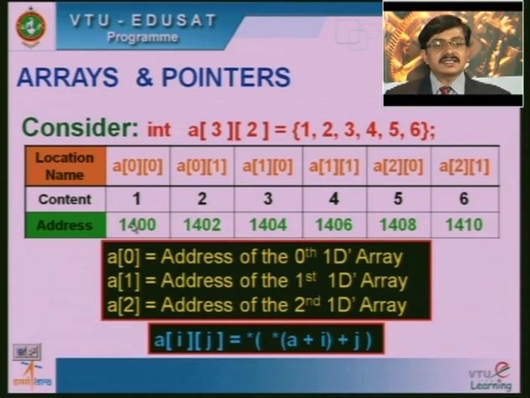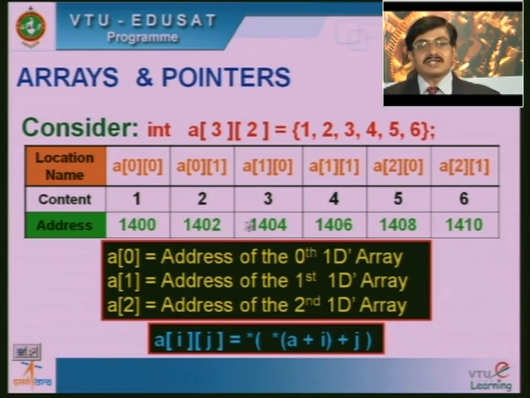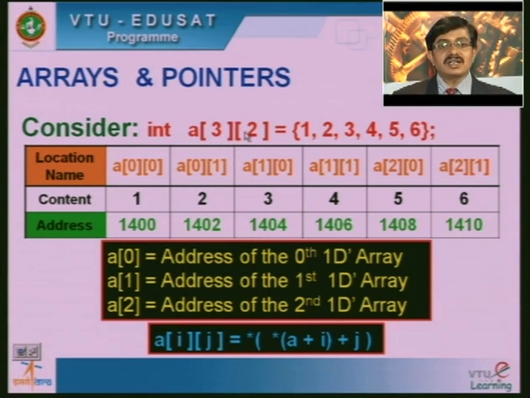So 1400 is the address of the 0th 1-dimensional array, 1404 of the first, and 1408 of the second. This is 3 arrays of 1-dimensional arrays. That is the reason we have 2-dimensional arrays, with 3 rows and 2 columns. Each row corresponds to a 1-dimensional array.